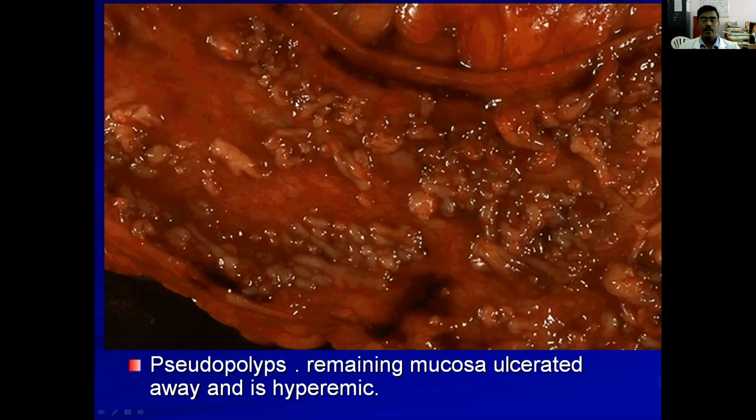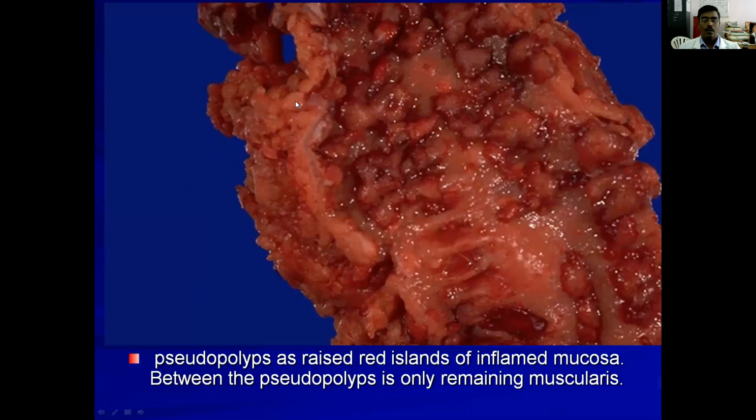You can see the hyperemic areas. The pseudopolyps appear as raised red islands of inflammation, the raised end of an inflamed surface. So this we can call a pseudopolyp, nothing but inflamed mucosa.